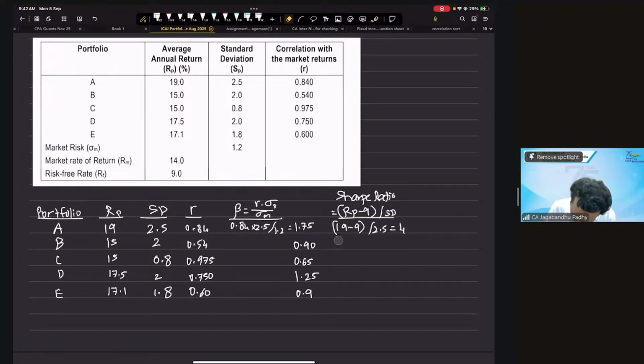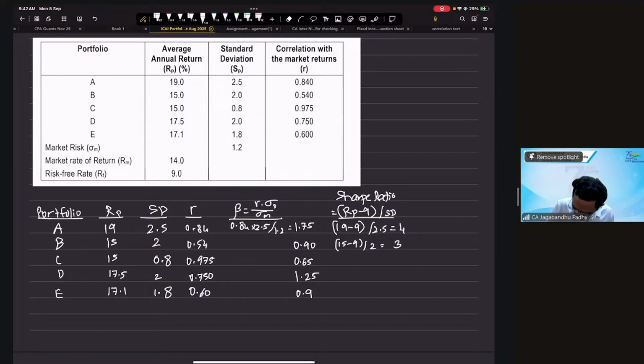Second Sharpe ratio, which is 15 minus 9 divided by 2. Three. Third one is 7.5.